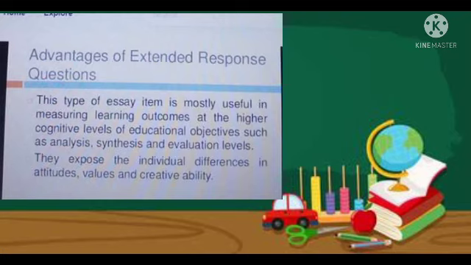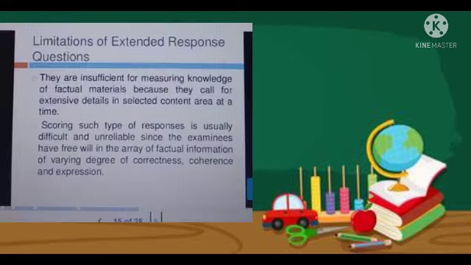The advantages of extended response. This type of essay item is mostly useful in measuring learning outcomes at the higher cognitive levels of educational objectives, such as analysis, synthesis, and evaluation levels. Next, they expose individual differences in attitude, values, and creative ability. Here are the limitations of extended response.